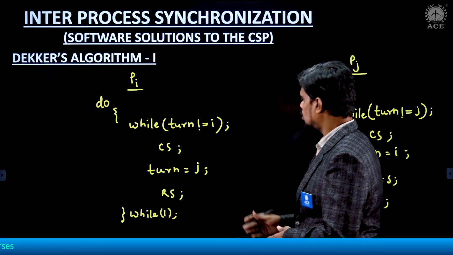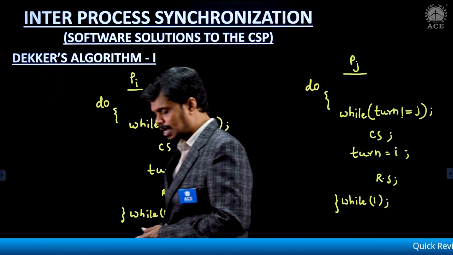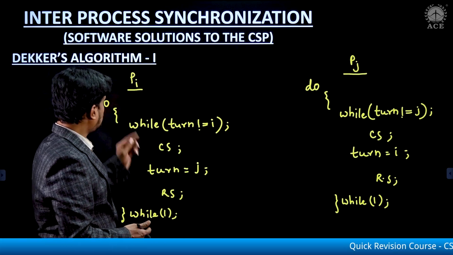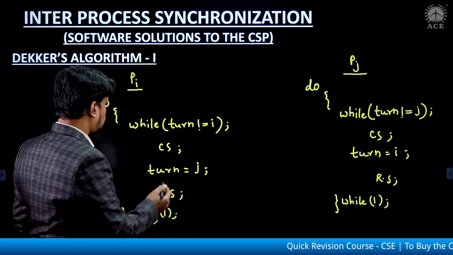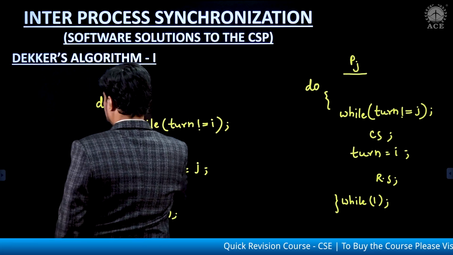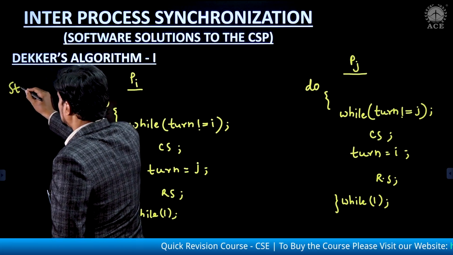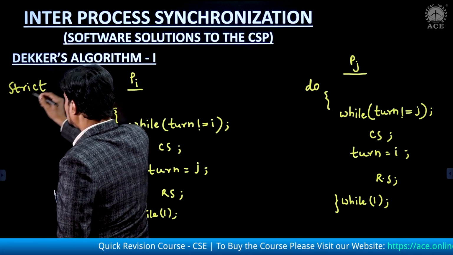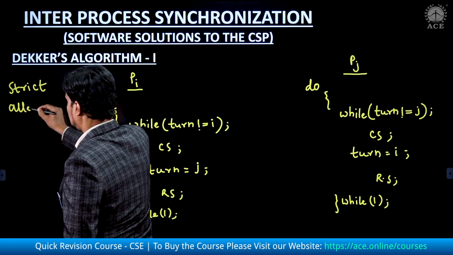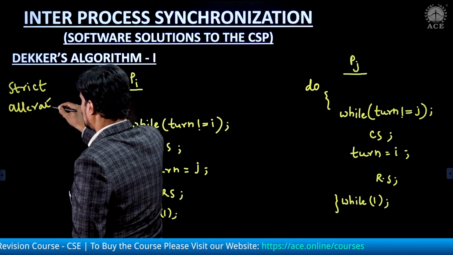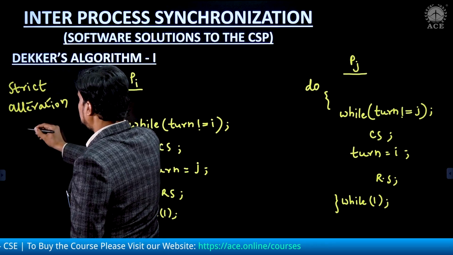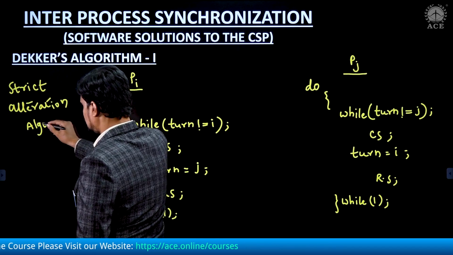So look here. This is our Dekker's algorithm 1. It is also called the strict alteration algorithm. Why is it called the strict alteration algorithm? We will let you know.